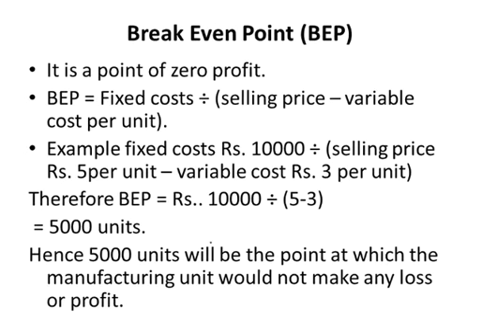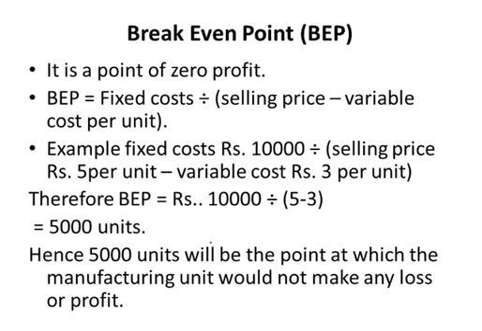Therefore, break-even point is 10,000 divided by 5 minus 3, that is 5,000 units. 5,000 units will be the point at which the manufacturing unit would not make any losses or profit, and it is breaking even at that point.